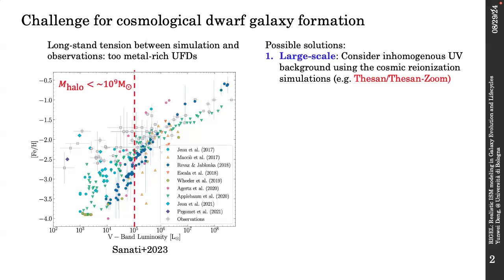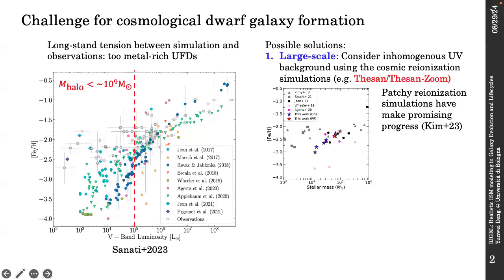Firstly, on a large scale, ultra-faint dwarf galaxies are highly sensitive to the background UV radiation during the reionization epoch. So their star formation history can vary depending on their relative position to their nearby massive halos during the epoch of reionization. With cosmological reionization simulations like THESAN-ZOOM, we can simulate a more realistic inhomogeneous UV background during this epoch.